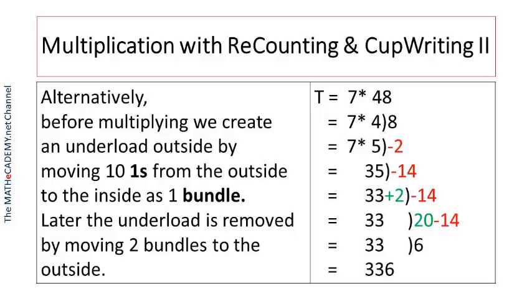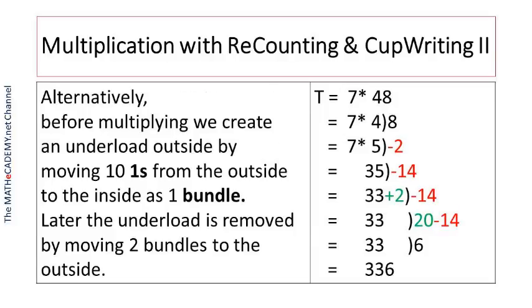Multiplying by 7, we get 35 inside, and negative 14 outside. To remove the outside underload, we move 2 bundles from the inside to the outside, as 21s. So the result is 3 inside, and 6 outside, or 336.